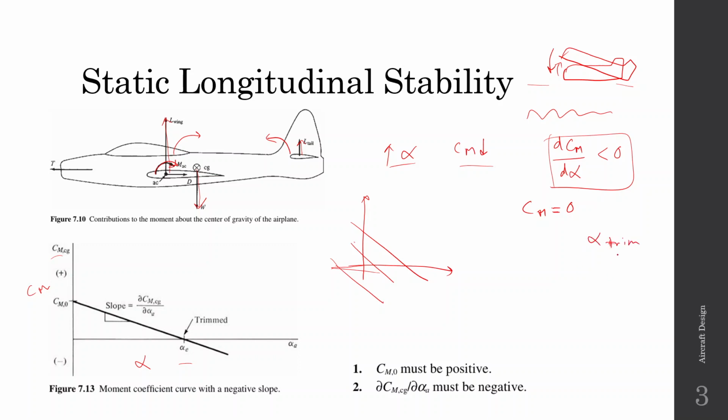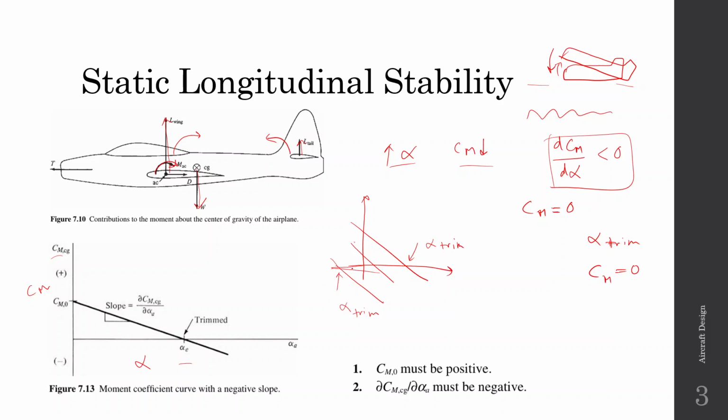When it is stable around this alpha trim, the Cm will be zero, right? So we have to see where the graph crosses the x-axis, and that will give us the alpha trim. In this case, this is the alpha trim. And in this graph, this is the alpha trim.